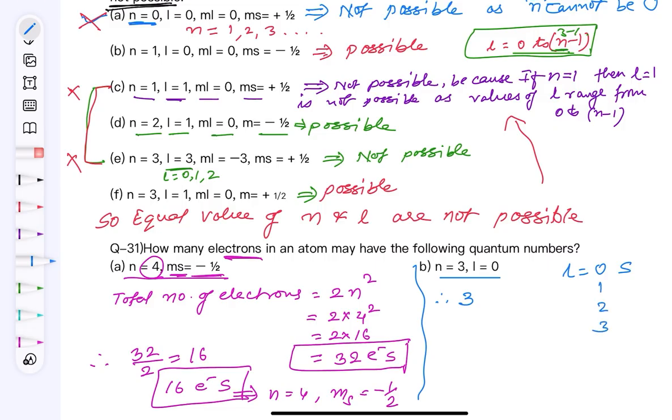When L values are 0, 1, 2, 3, then the orbitals associated with them are s, p, d and f. So here when the value of L is 0, it corresponds to s orbital. So you are having this as 3s orbital. And now the question is how many electrons can be accommodated in 3s orbital. So we know finally only 2 electrons can be accommodated.